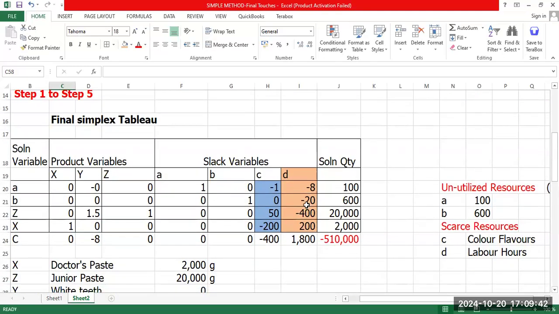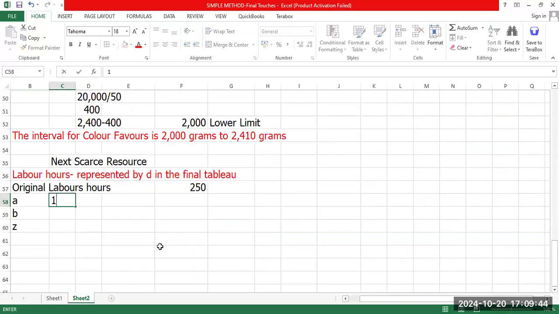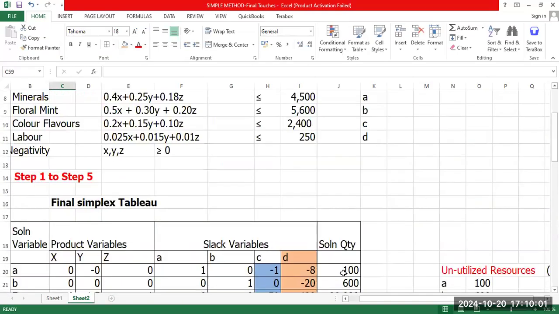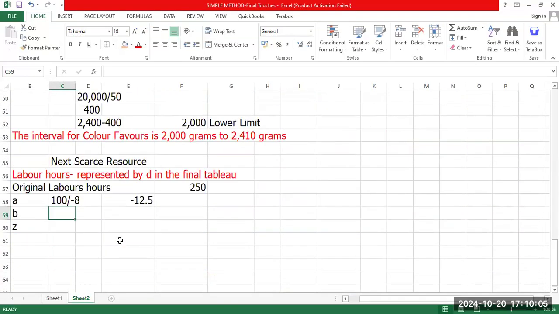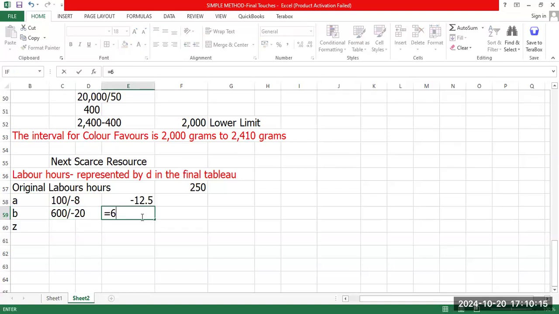So here the first one is 100 divided by -8. What do you get? Negative 12.5. Then next is 600 divided by negative 20. Negative 30.